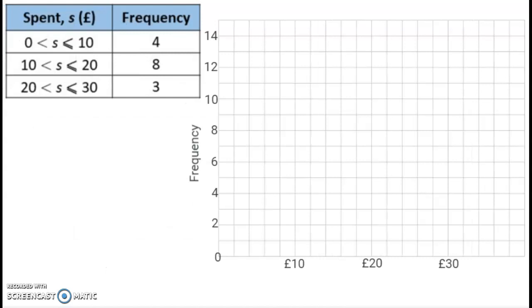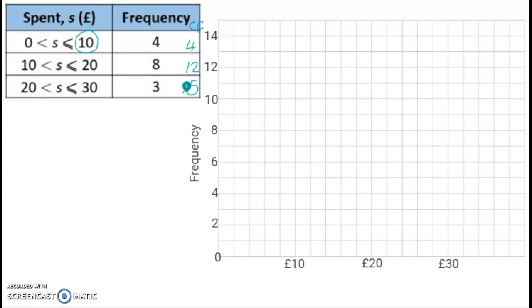Here we have a cumulative frequency graph that I'm very quickly going to complete with our data. Just a reminder that when we are completing a cumulative frequency graph, we plot the upper bound against the cumulative frequency, and that was 4, 12 and 15.